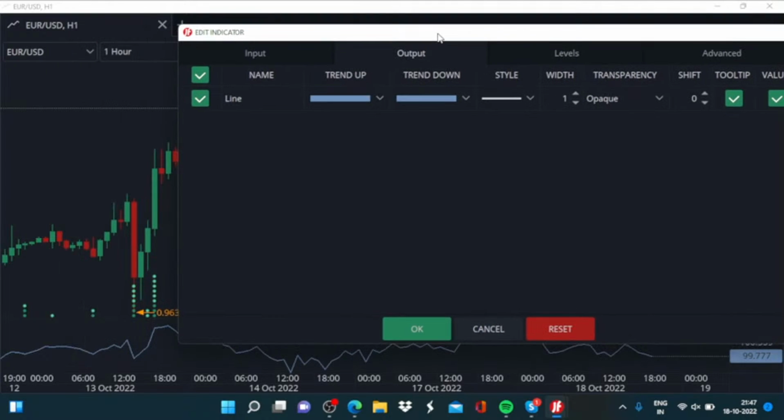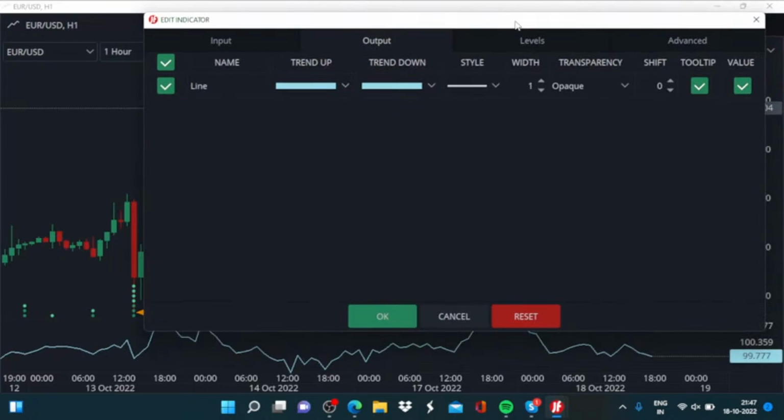Now coming to the styling of the output value, you can vary these output values. You can color it in brighter shades also. Suppose you want to do that, then we get additional styling options here. You can opt for these various ways to define your indicator's output value.